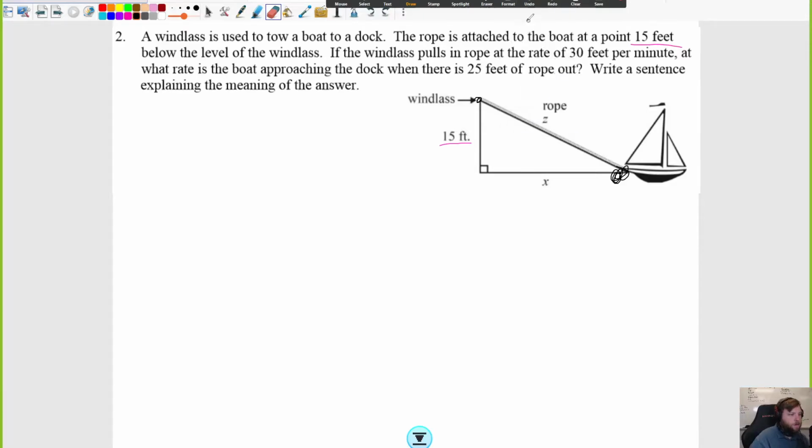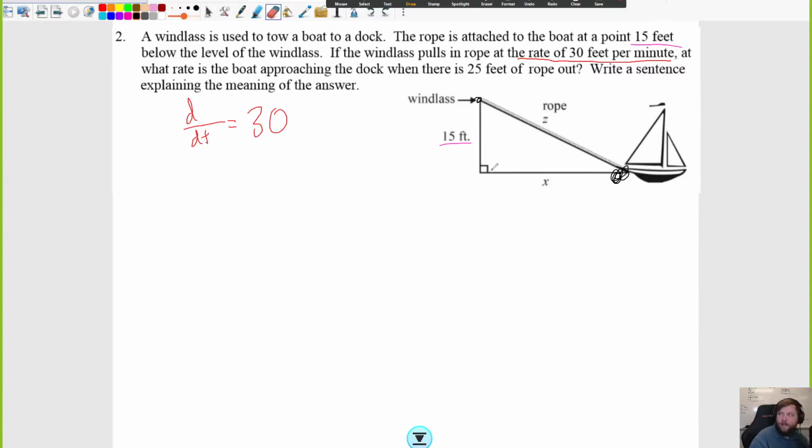And then what else do I know? If the windlass pulls in rope at a rate of 30 feet per minute, so something is 30. And I know it's a rate. But I'm not sure what that is. It pulls in the rope. That means the rope is coming in.